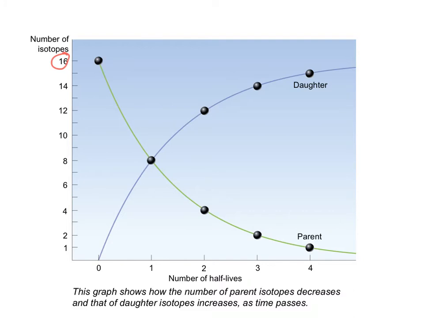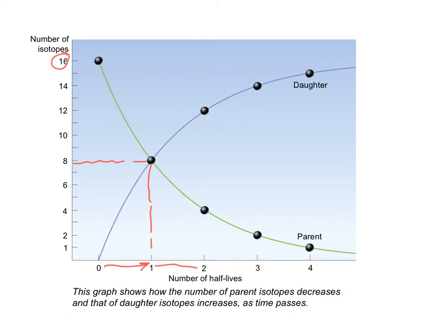After exactly one half-life, so the number of half-lives are shown here on the horizontal axis, after the passage of one half-life, exactly half of the original parent isotopes will decay away. So notice that after one half-life, if we trace this up, we are now at 8 parent isotopes.